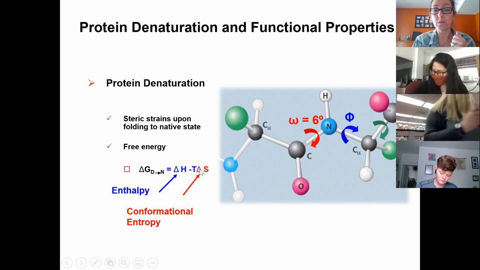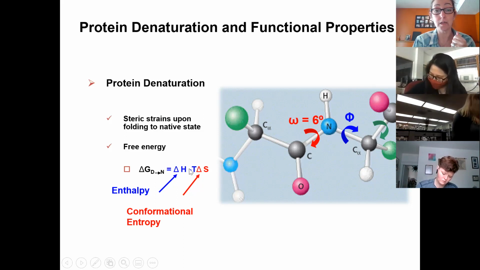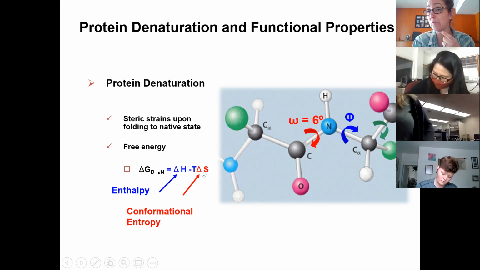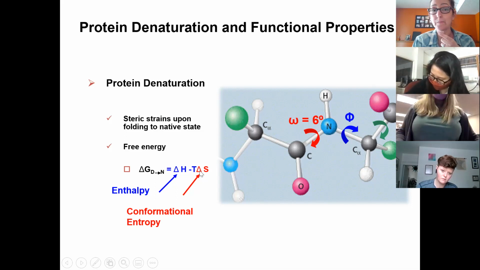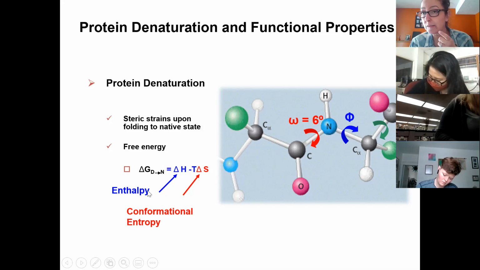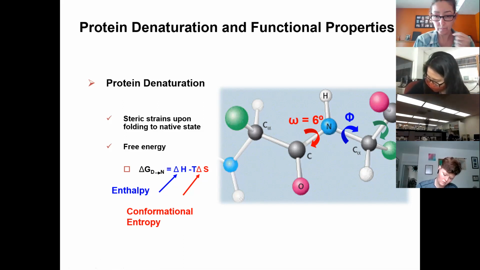Delta G of denaturation equals delta H minus temperature times change in entropy. So when you have bonds broken, you create chaos, more free energy and movement, and then you get a negative delta G, and we call this spontaneous denaturation when delta G is negative.